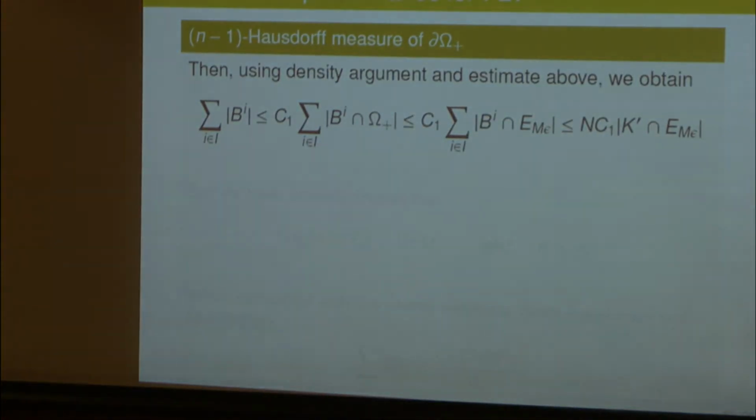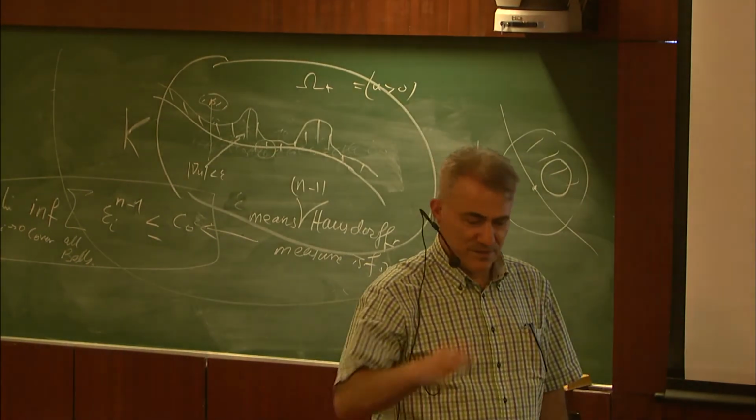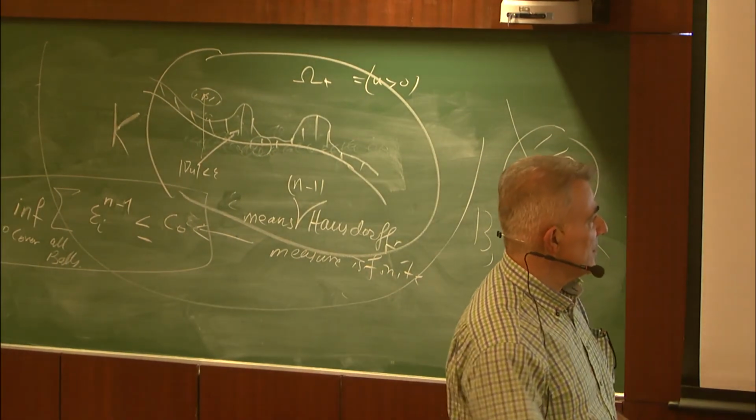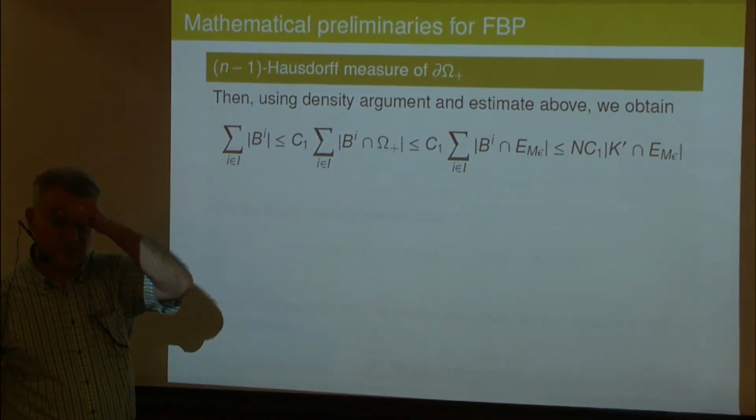Do you remember yesterday we said that if you take the support of the set, then you always have balls inside of proportional radius? This is exactly what it is. It says the following: if you take any ball like this, this volume is proportional to the whole volume of the ball, because you can always have a ball of a fixed constant times the radius somewhere. This is a very important fact, and the proof of that was the non-degeneracy proof.